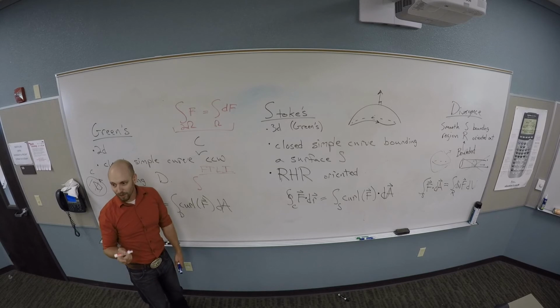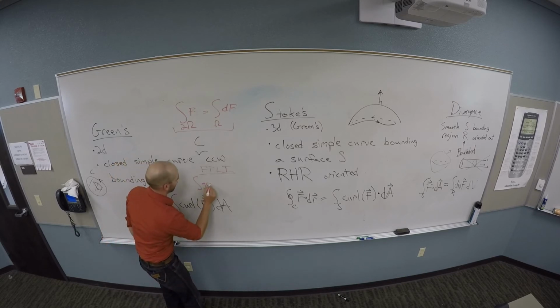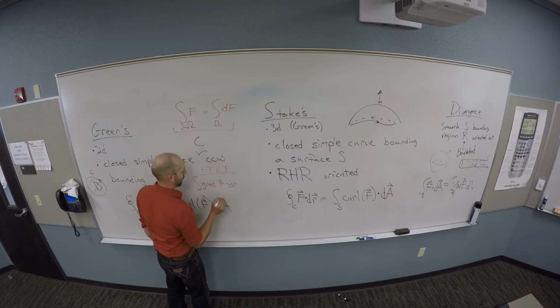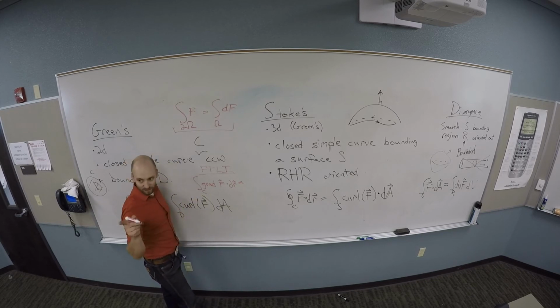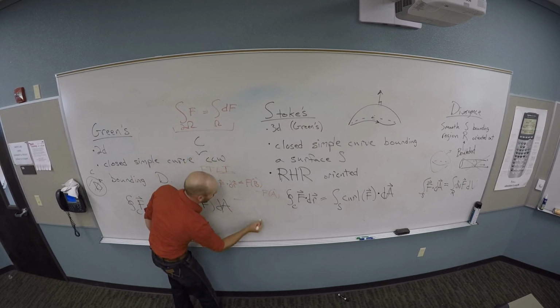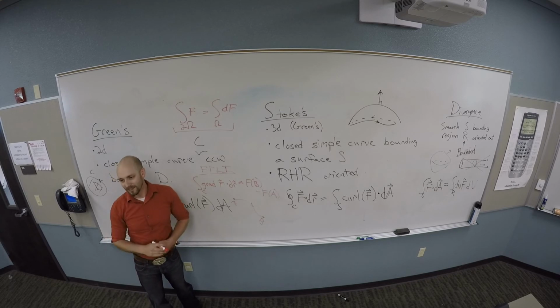What am I doing? I'm integrating the gradient of some function, dr. And what do I get? F of Q minus F of P. I get f of b minus f of a, where c is some path that goes from point A to point B. You see that?